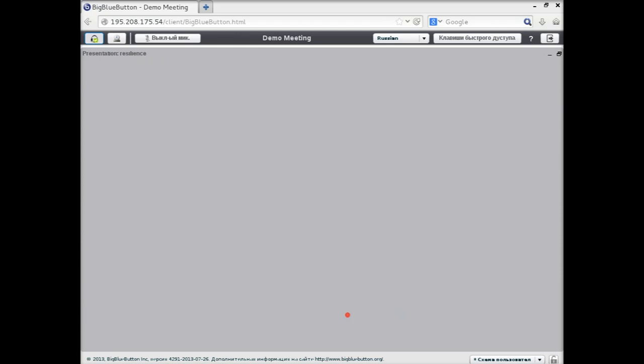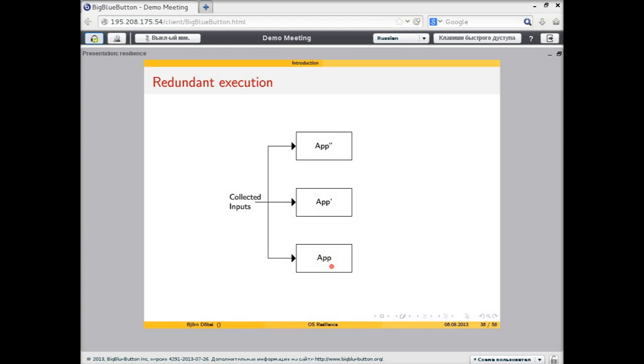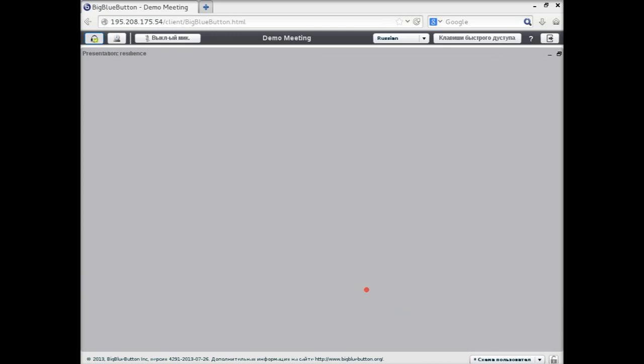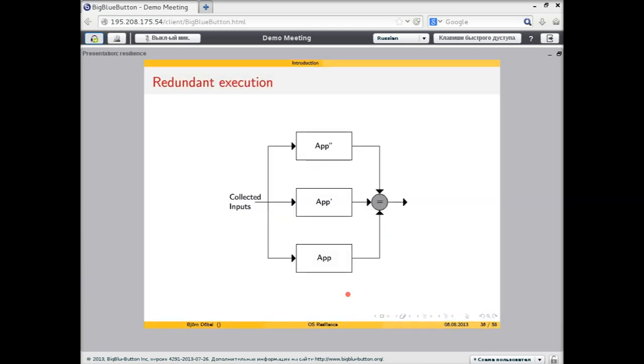And then we can monitor the output of the application. And because the applications are deterministic, if no error happens, they will generate the same output for the same inputs. And therefore, we can compare the outputs in the end and then either continue execution if everything was fine, or if we detect that something went wrong, we can start correcting this error in some way.